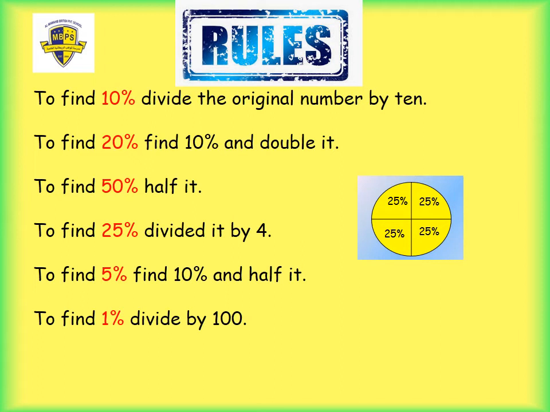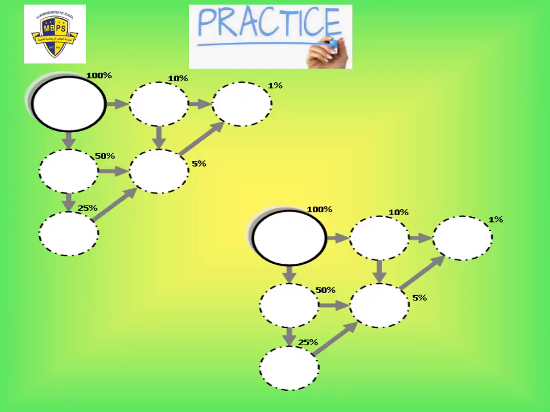And to find 5%, we just divide by 2, because 5 is 10 divided by 2. To find 1% of any number, we divide by 100. We know that and we practice. Okay, now here we have two examples.